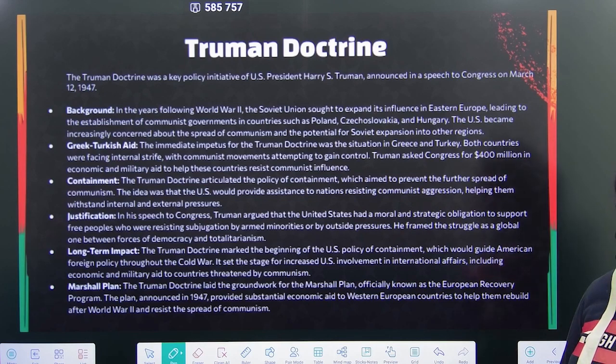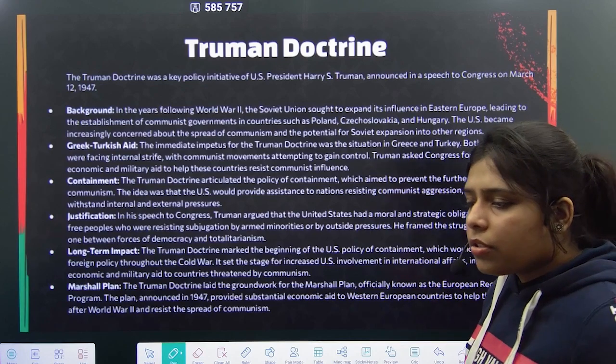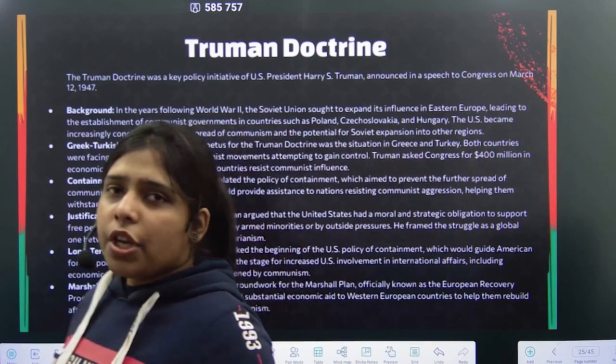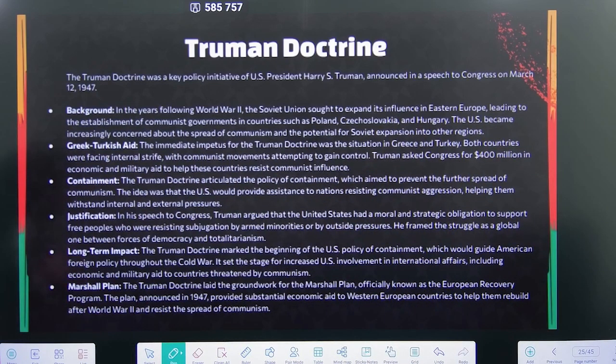It wanted to establish communist regimes in countries like Poland, Czechoslovakia, and Hungary. The US was concerned about all of this. The US thought that the spread of communism in Eastern Europe would take no time, and it would come to Western Europe as well. So the US became increasingly concerned about the spread of communism.